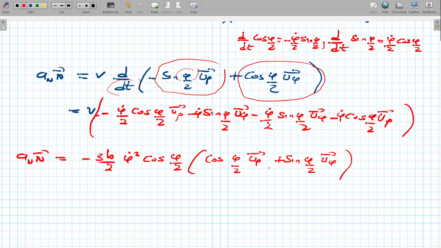So this is what you have if you introduce the norm. Let me remind you that v is the norm of the velocity.